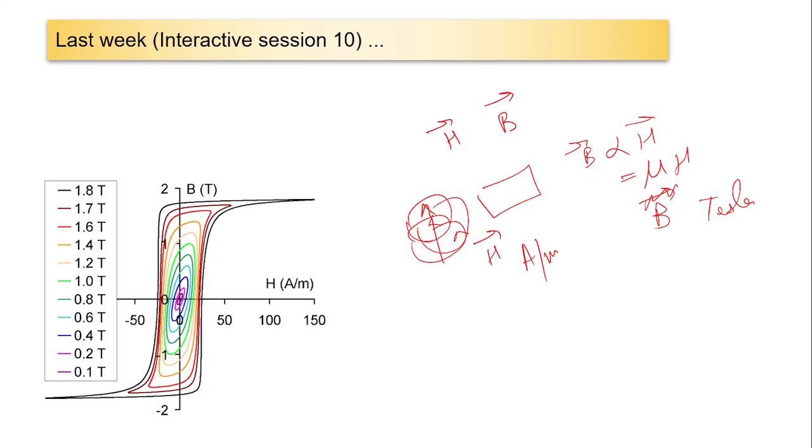These things are not standardized, and thus this mixing is always there. But I think in questions it would be clear what they are talking about. As you can see in this graph, we apply H and then we get some response as B. So this is what the B versus H graph symbolizes.